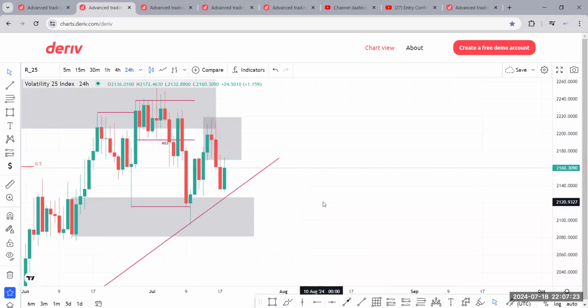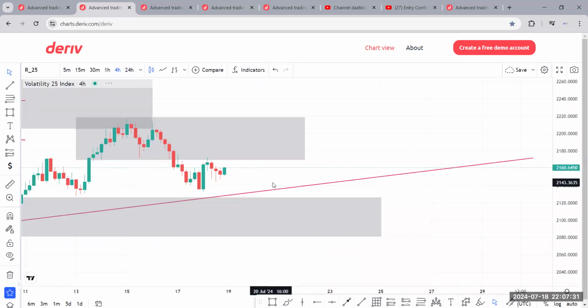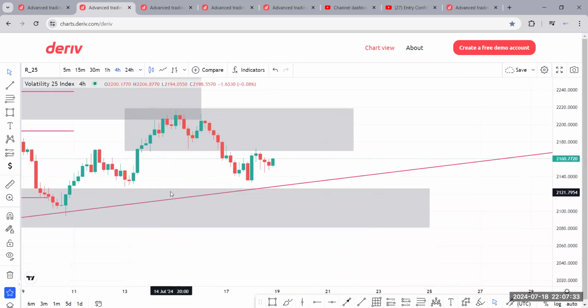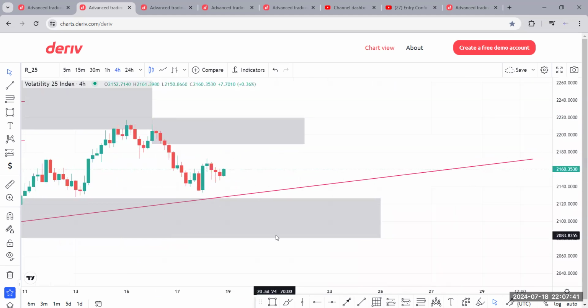All right. And going down to our 4 hour, we are still bearish. We are still bearish. Going down to our 4 hour, you can see that this is our 4 hour order block. Let me use the last one and leave this one here.